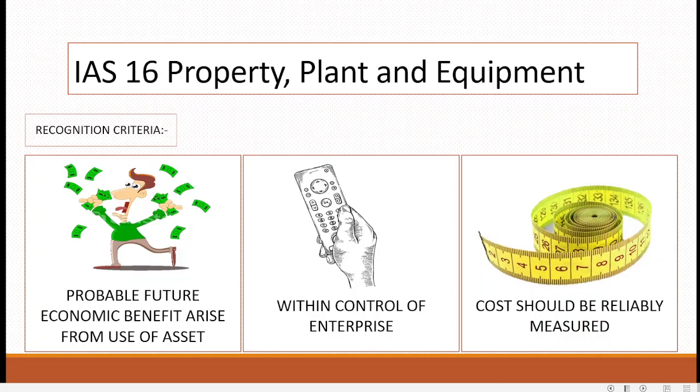There are many times that, let's say, you have built a building by yourself, and you have worked on the asset yourself. If the labor cost cannot be reliably measured, because you don't know what cost you are paying, then that kind of asset cannot be recognized.